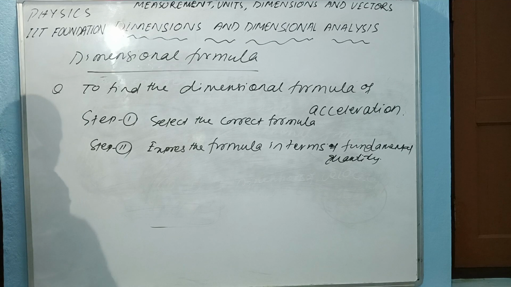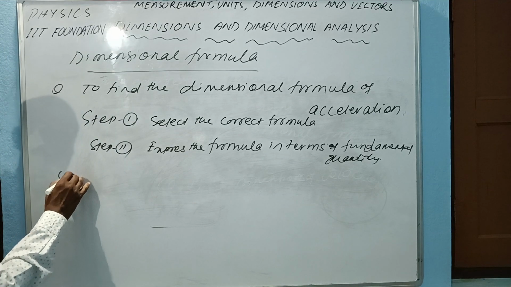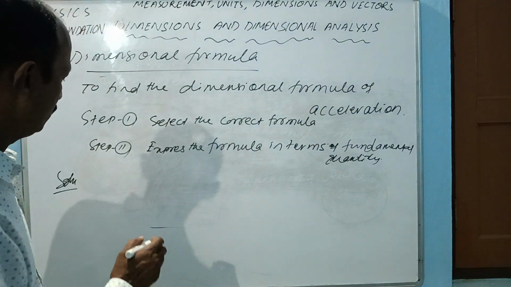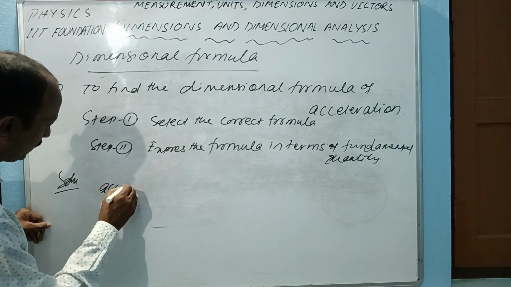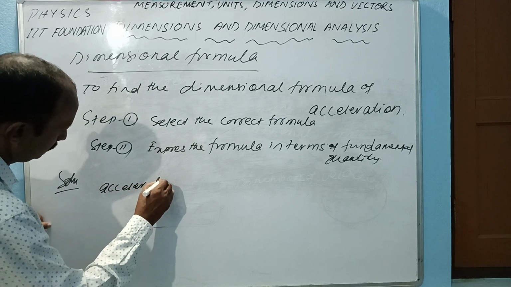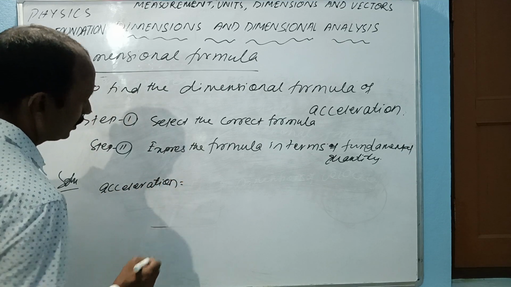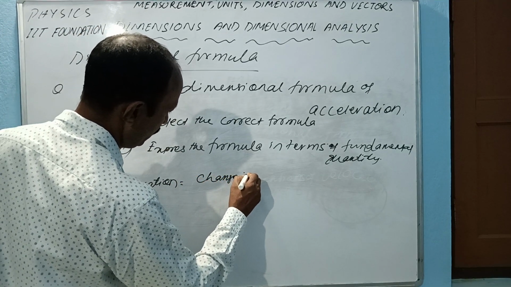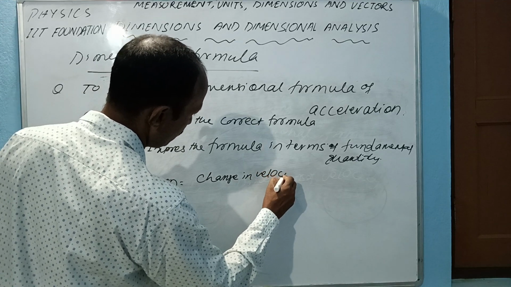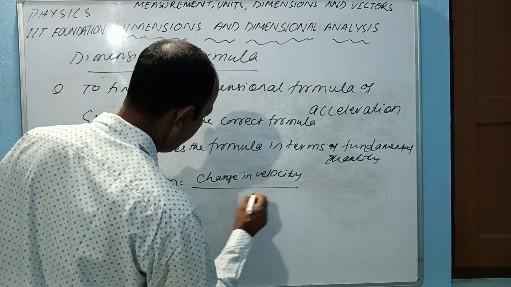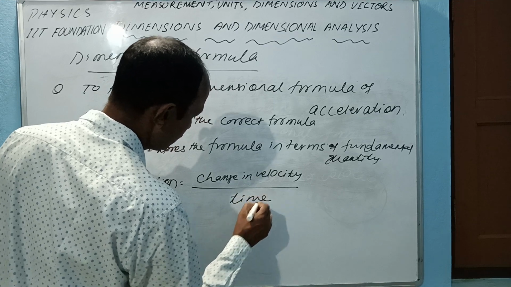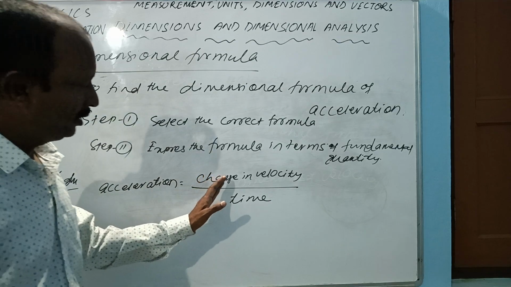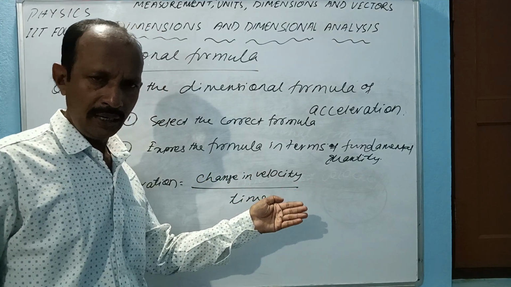So let us see. So what is the solution? Find the dimensional formula for acceleration. So I can write acceleration is equal to change in velocity by time. Change in velocity means final velocity minus initial velocity.